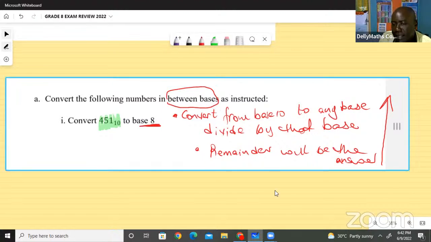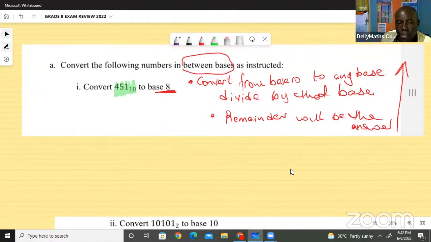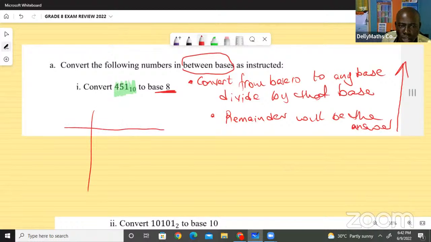So we normally set up some columns. I'm just going to quickly draw some lines. This is going to be my remainder column. I'm calling it R. So we have the number, which is 451, and this is what I'm going to be dividing by: the 8.